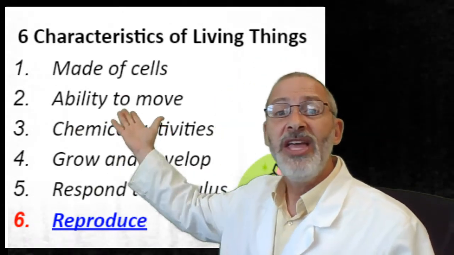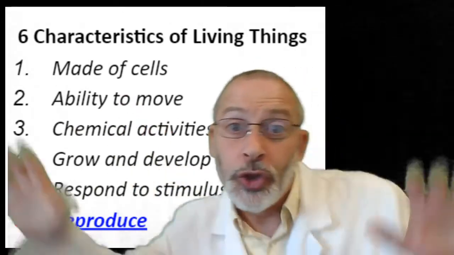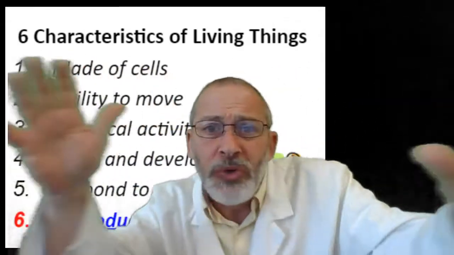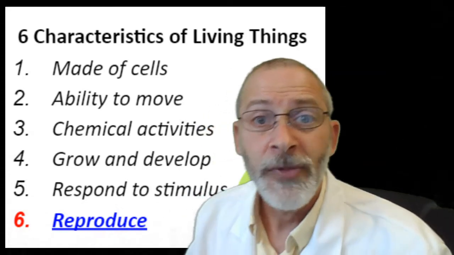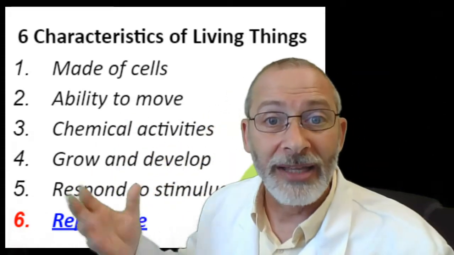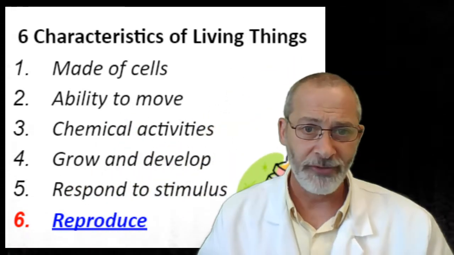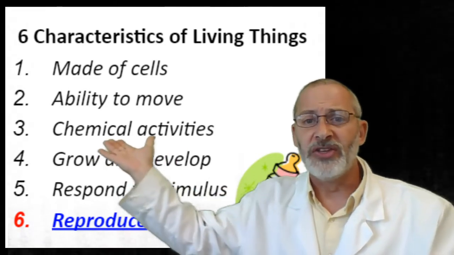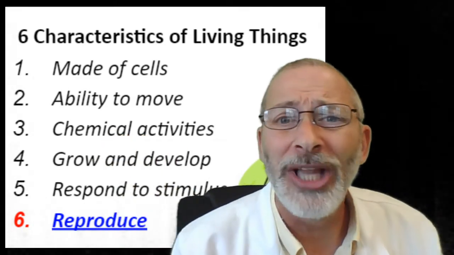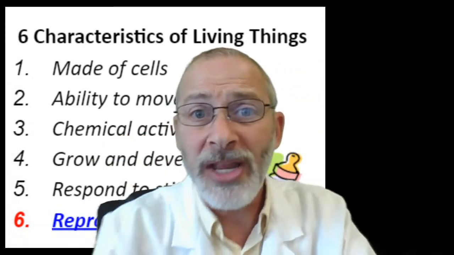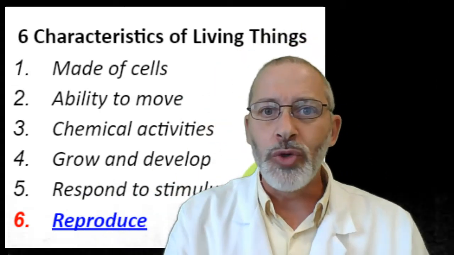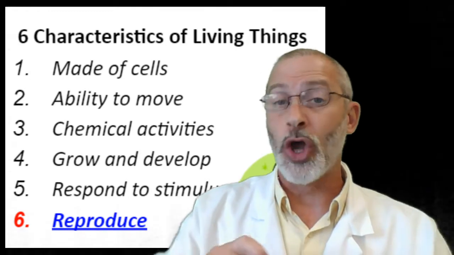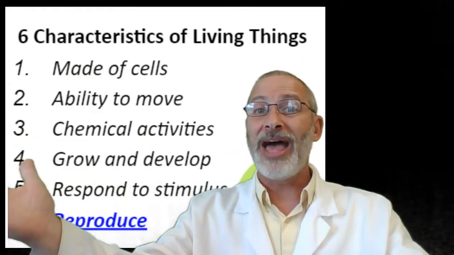They have the ability to move and groove to the beat, or at least just move from one place to another, or move part of their body. They have some ability to move. All living things undergo chemical activities. And do any of you remember what one word can be used to summarize all of those chemical activities?